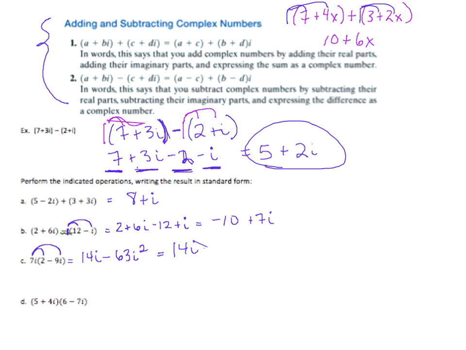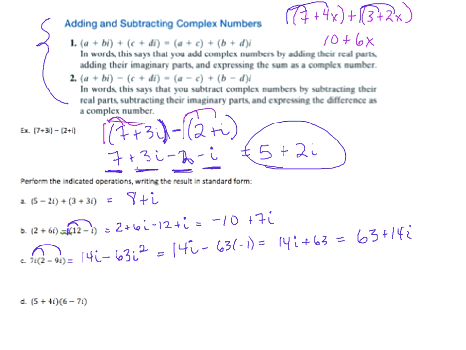So 14i minus 63 times negative 1 gives me 14i plus 63. I can't leave it there though. 63 plus 14i is my standard form answer there. Did that make sense with the multiplication, Dave?